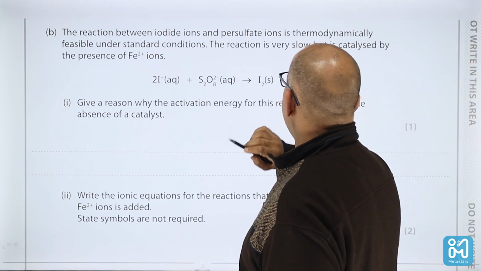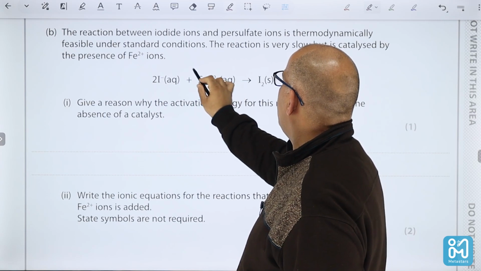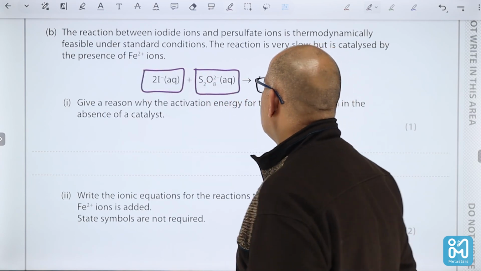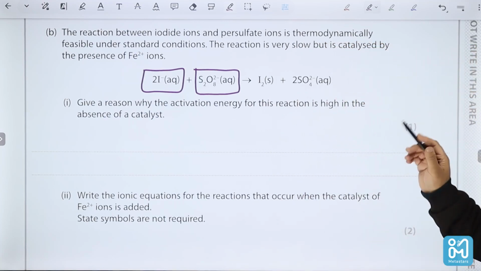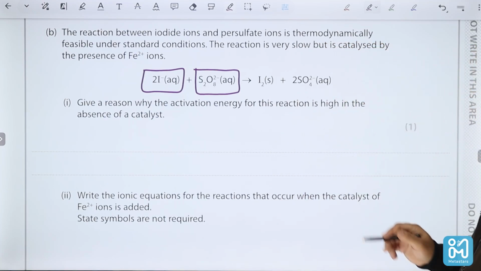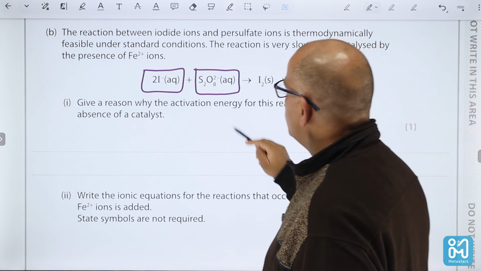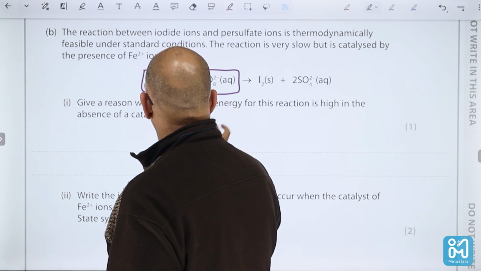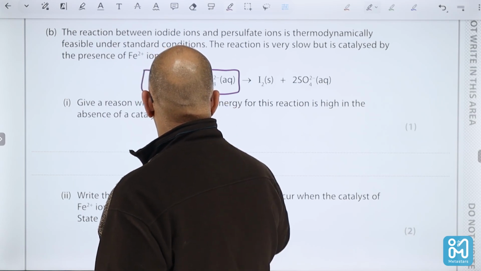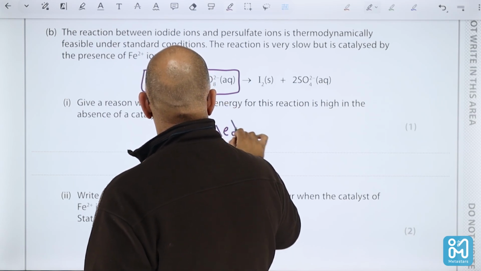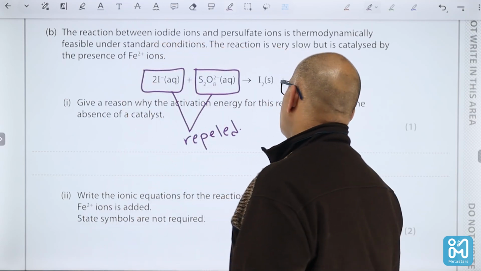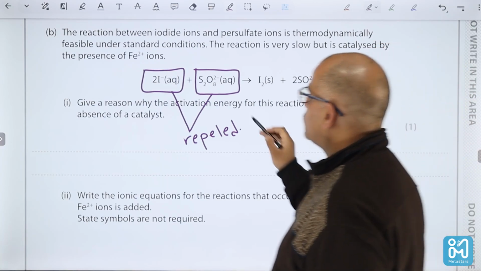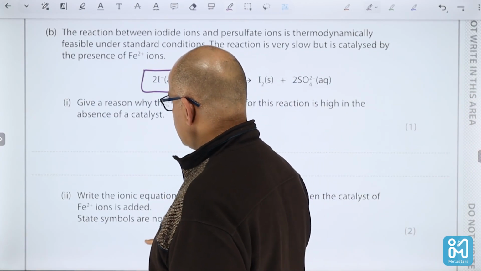As you can see there, you have two negative charge species, which are iodide and persulfate, -1 and -2, which are two negatively charged ions. They repel. So you need much more energy to overcome the repulsion force between two negatively charged ions.